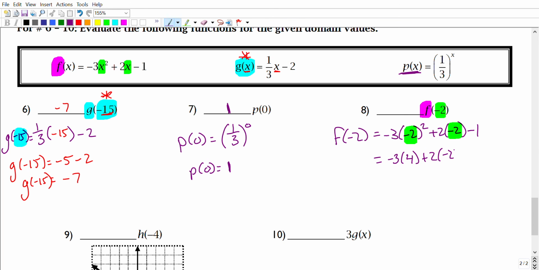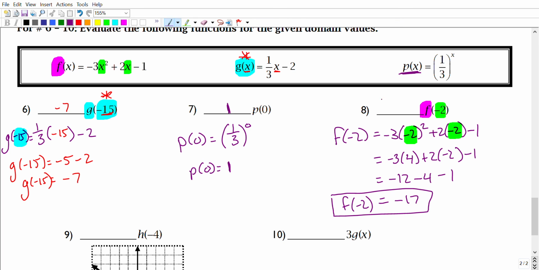Now we just have negative 3 times 4, that's a negative 12. 2 times negative 2 was a negative 4, and then minus 1. So negative 12 minus 4 minus 1 is a negative 17. So you just drop this down to show that f of negative 2 was negative 17.